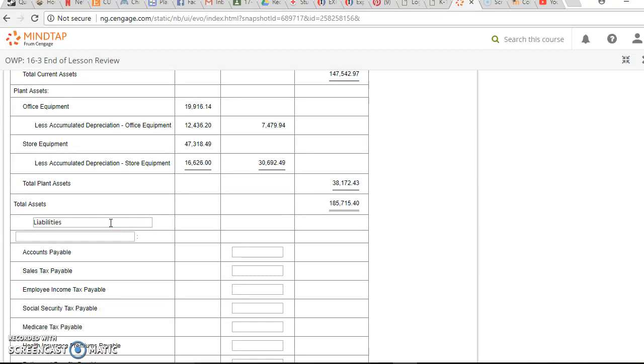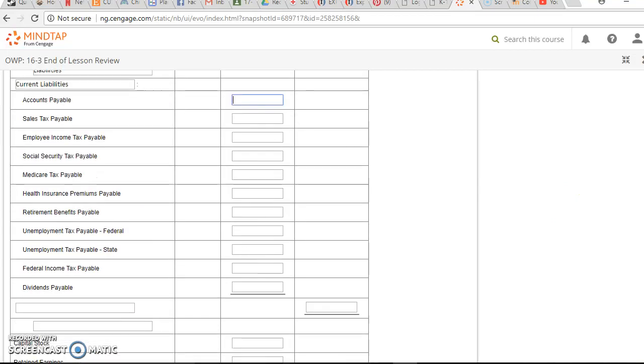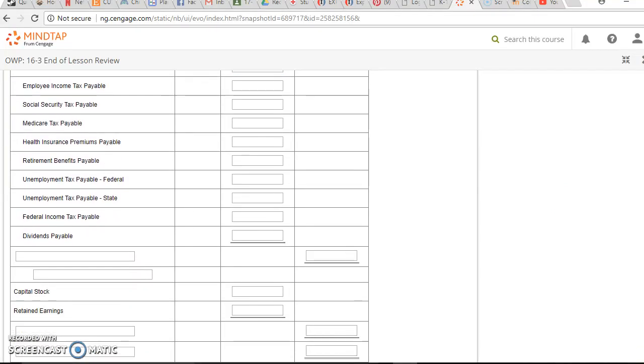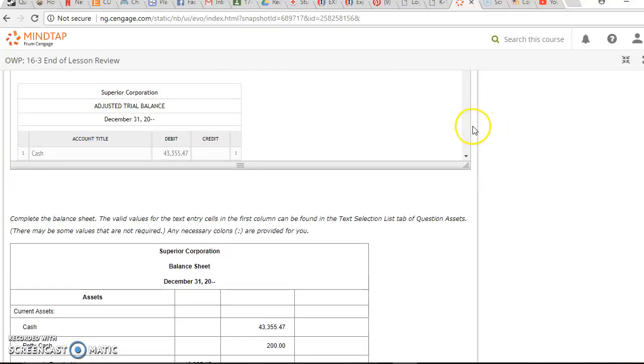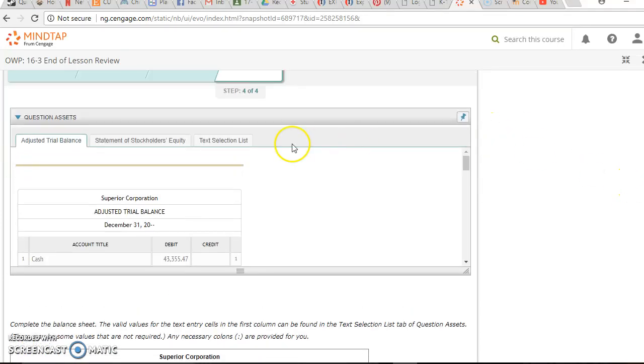And this is your current liabilities. Again, ones that you should pay off before the end of the year. So we're going to get those from up here. So it's a matter of me adding correctly.